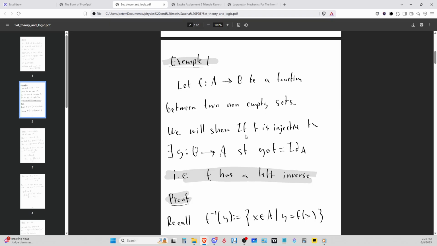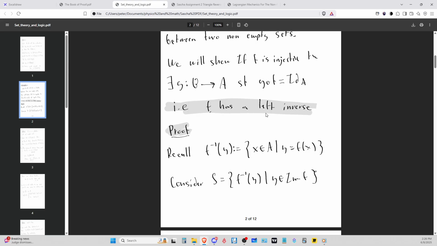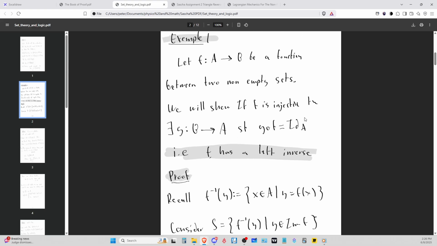We will show if f is injective, then there exists a function g from B to A such that... Okay, this is like the composite result. Okay, f has a left inverse. Okay, so I think this is the definition. So we have to actually show that it has the inverse.